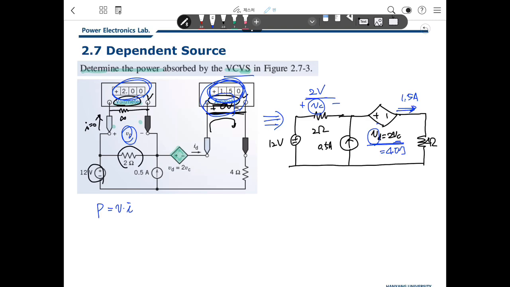The direction of current is defined as going into the positive terminal. That means this is a passive convention. So the power P is voltage 4 times current 1.5, which means 6 watts, and this is a positive value.